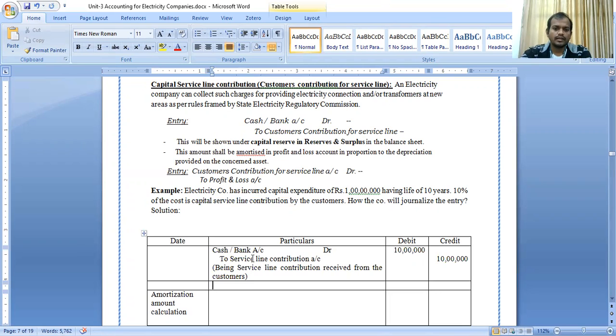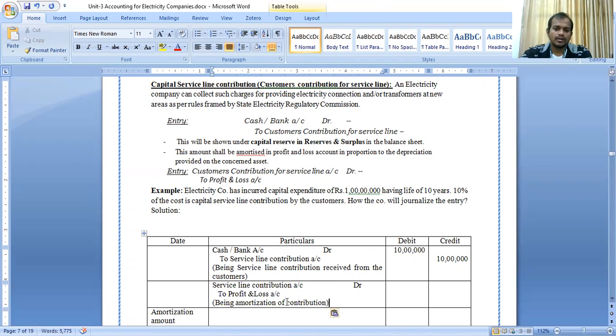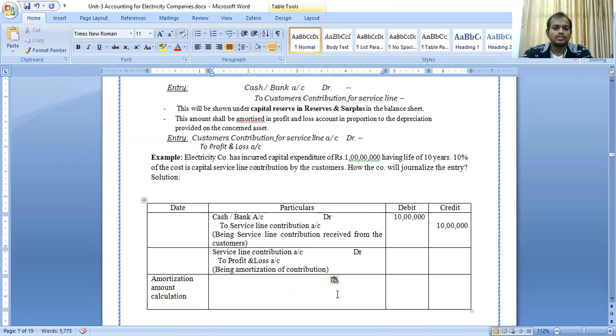And we have to amortize this contribution. For this purpose, customer contribution for service line account debit to profit and loss account, being amortization of contribution. How much amount do we have to amortize?